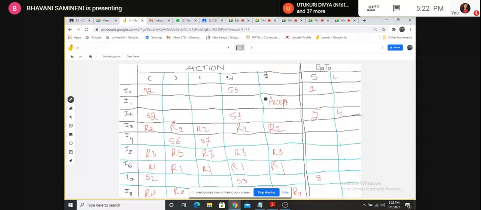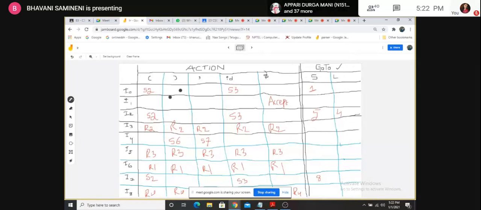Till now we have depended on the action part, right? Now, whenever a reduction is happening, goto will help you move to the next state. Goto will always give you the next state whenever the reduction has happened. Please remember this point.